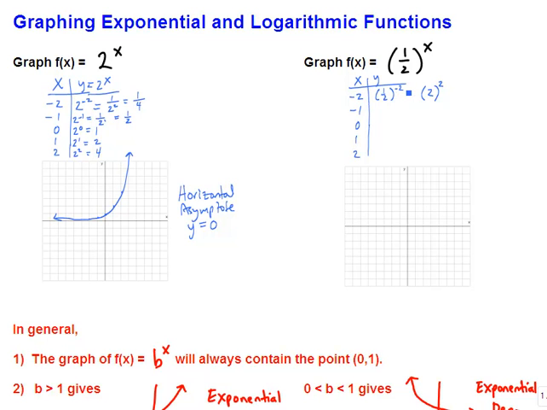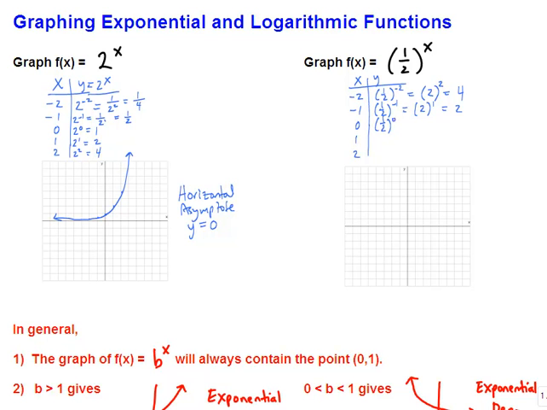So 1/2 to the -2 is the same as 2 to the +2, and we know that that's 4. So if we try that again, 1/2 to the -1, let's just flip the fraction over on the inside of those parentheses. So 1/2 flips over to 2, and the exponent becomes positive, and 2 to the first is just 2.